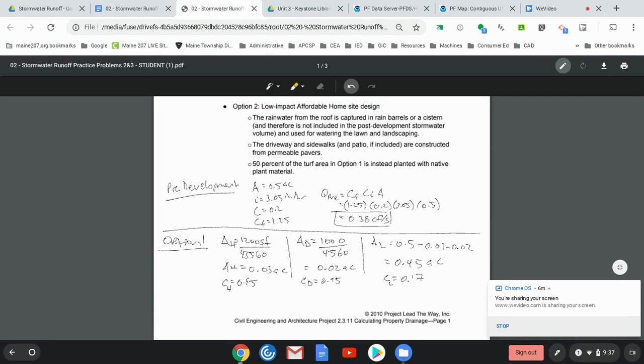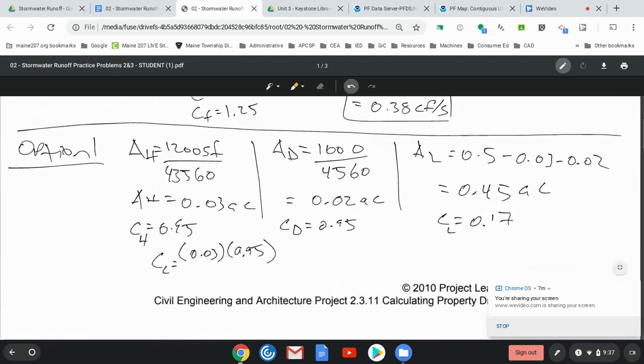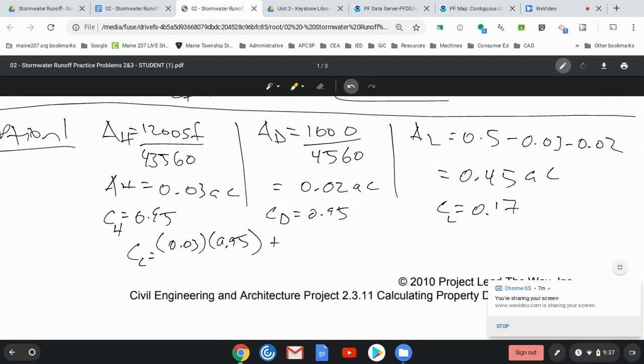So to figure out our composite C value, we have C sub C is 0.03 times 0.95. Let me zoom in here. Plus 0.02 times 0.95 plus 0.45 times 0.17.